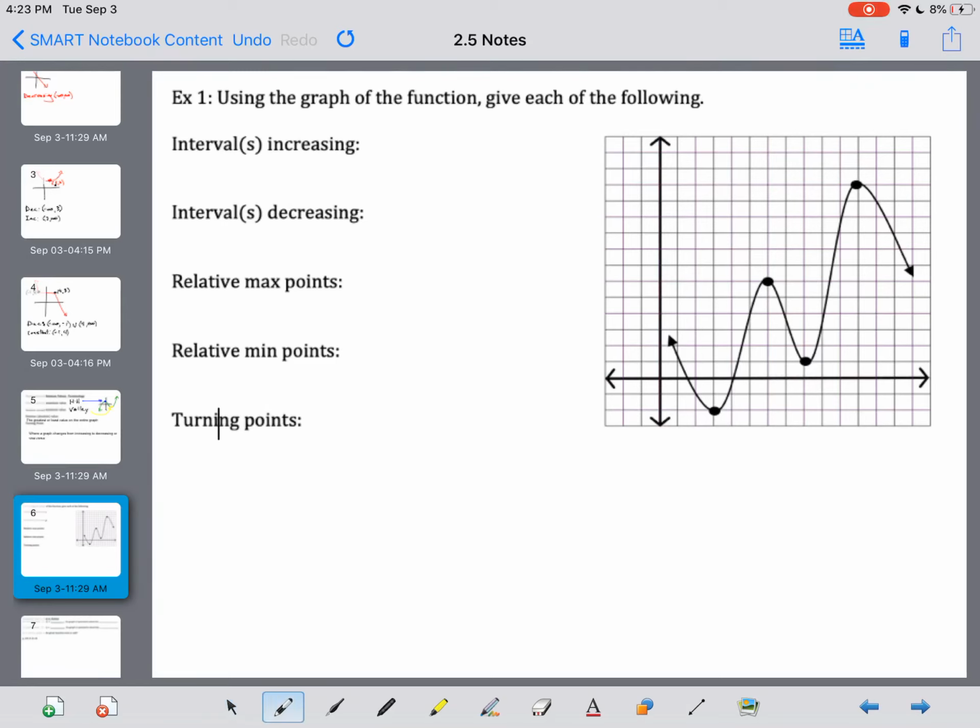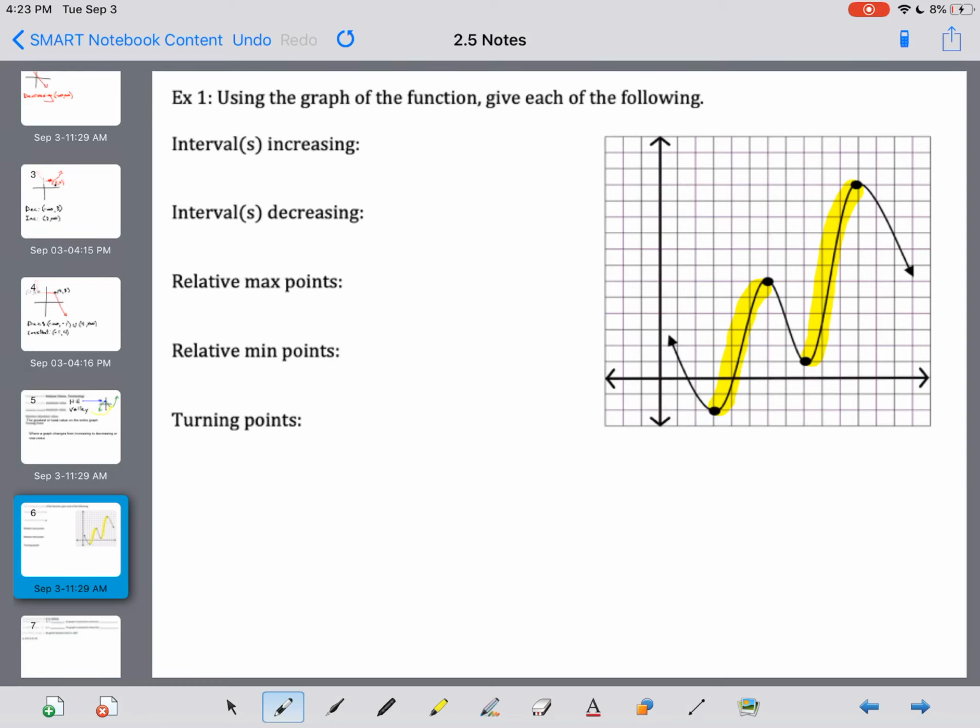All right, let's take a look at these here. So intervals where this graph is increasing. Why don't I highlight these? So again, we're looking left to right. So it's going to be this piece and this piece. Those would be intervals where the graph is increasing. So that looks like we go from an x value of 3 to 4, 5, 6.